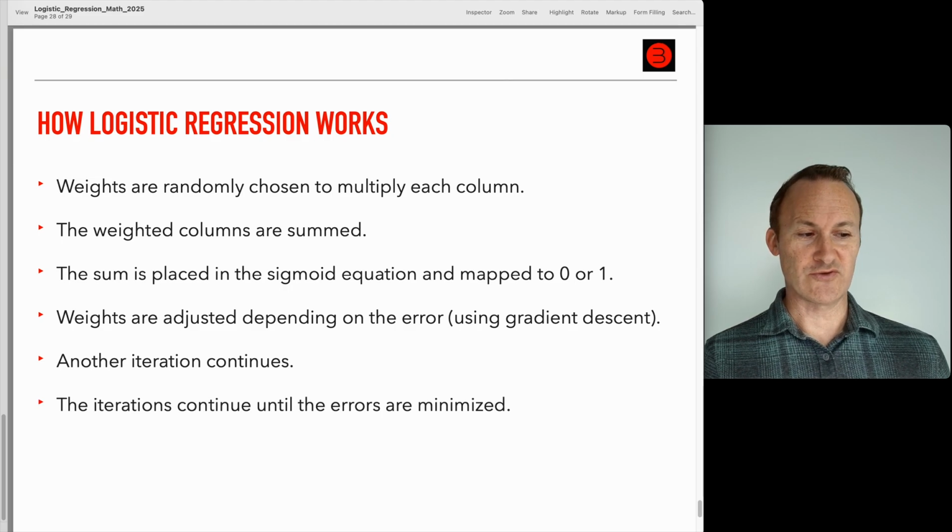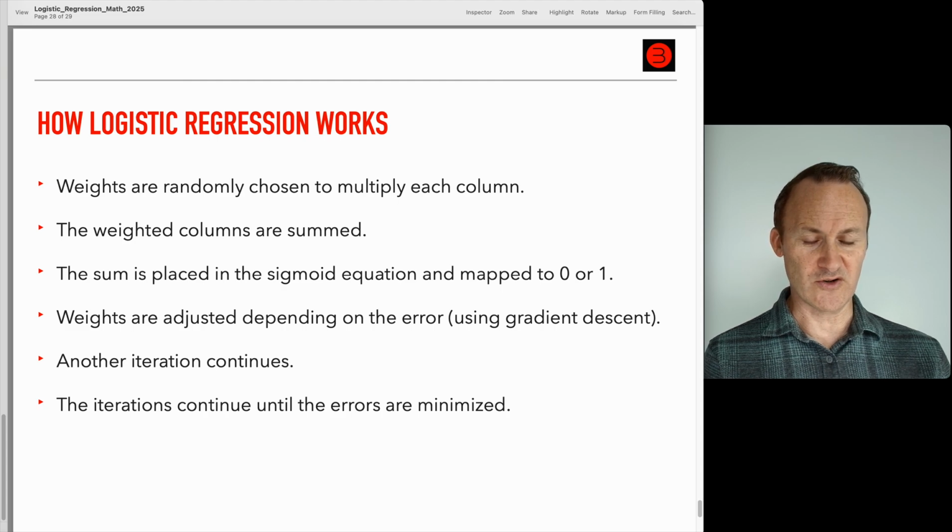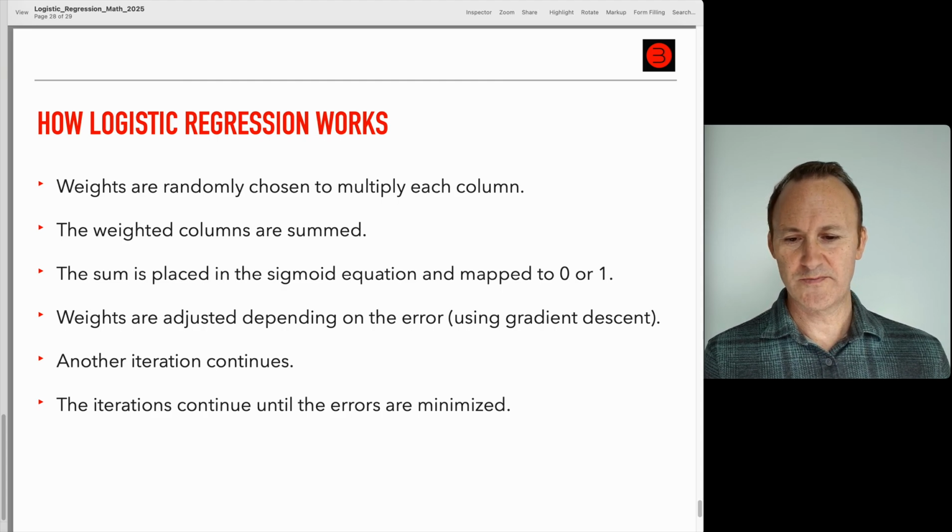And then, of course, you just keep going. This is back propagation. You go back. You continue to update the weights until you minimize the error, until there's convergence. Convergence here meaning like instead of wild fluctuations, you start to narrow down to an actual value.